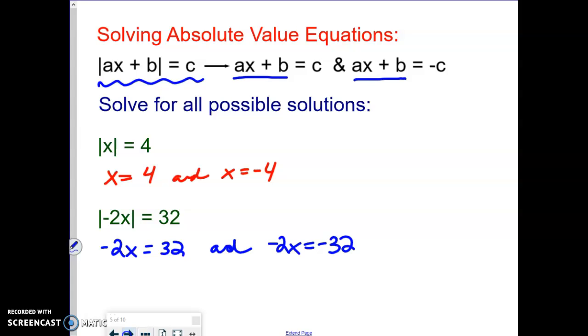So those are my 2 options. Notice that I don't change what was inside the absolute value. I only make that c value opposite in the second equation. And then from here I can solve. Divide things by negative 2. And I get x here is equal to negative 16. And x here is equal to a positive 16.